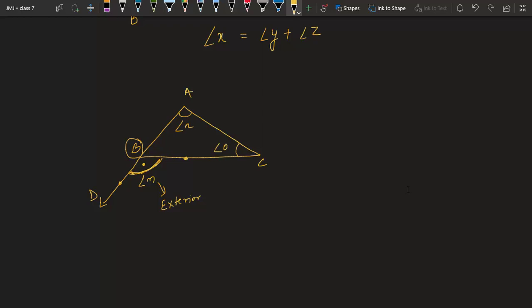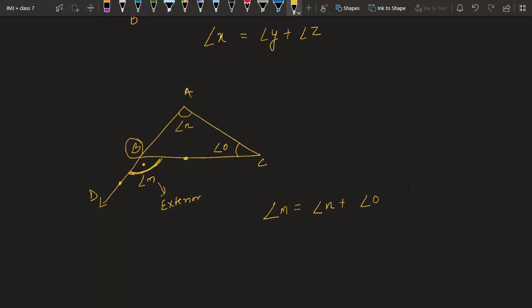So what we can say as per the property, angle M, which is exterior angle, is equal to sum of interior opposite angles. I hope the concept and the property is very much clear to you. By taking some questions from exercise, it will be very much clear.